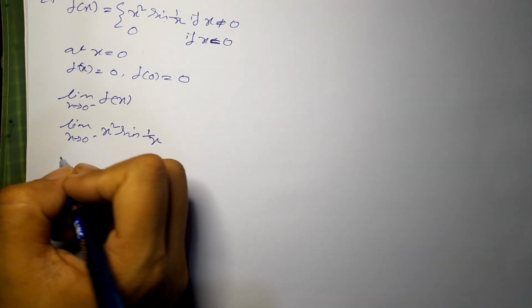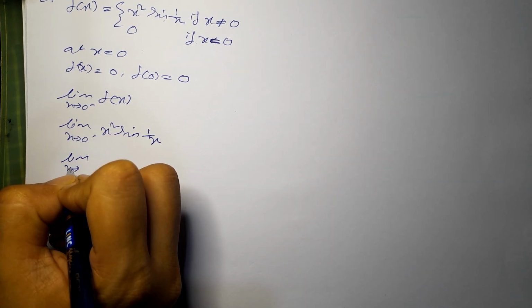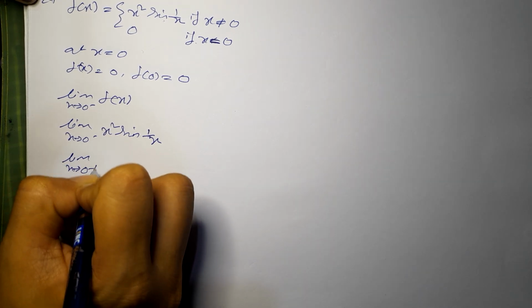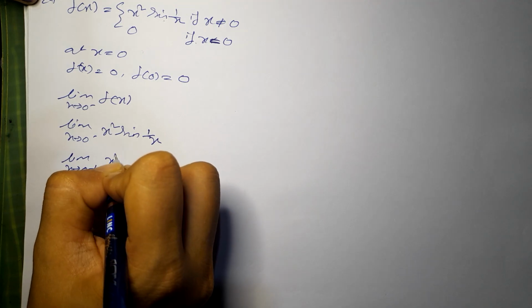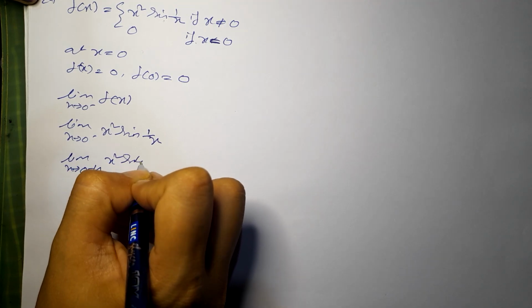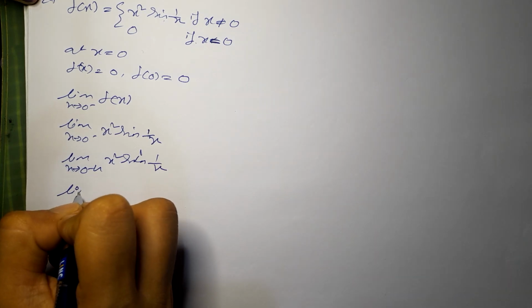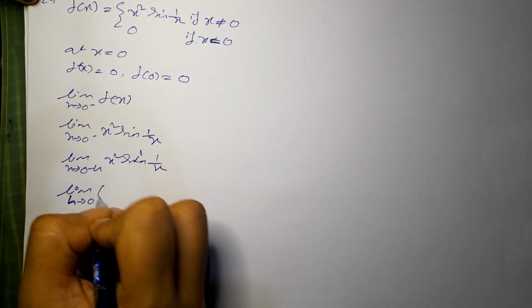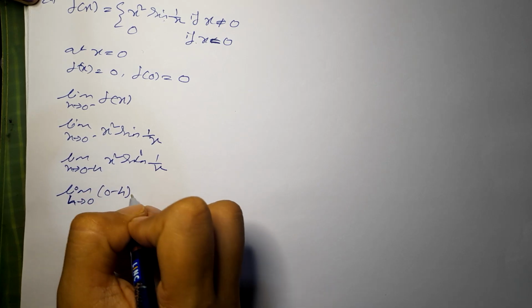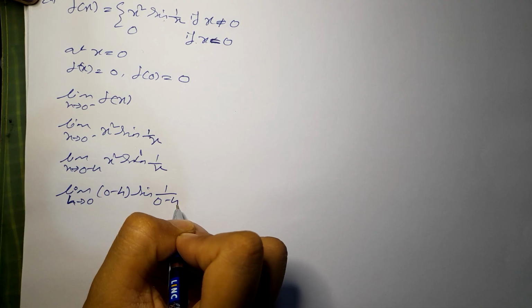So it will be limit x tends to 0 minus h of x square sin 1 by x. Now replace it: limit h tends to 0 of (0 minus h) square sin 1 by (0 minus h).